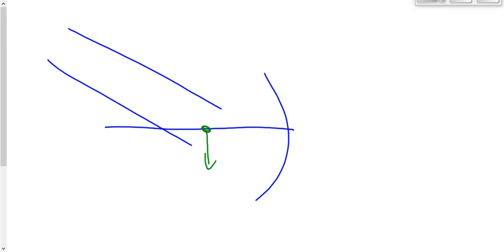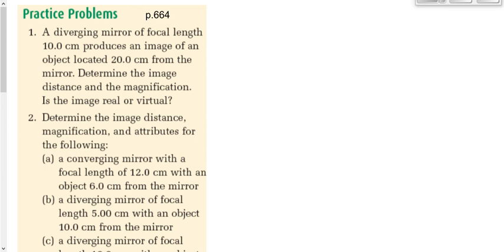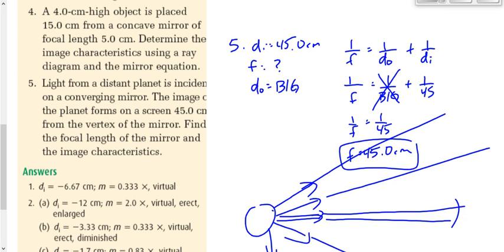So the focal length will still be the same as the image distance, even though it's not going to be right smack on the focal point. And that's what we saw right here, right? We saw that when we calculated this, our image distance was 45. Our focal length was 45. Why? Because the rays coming from this planet are parallel to each other.